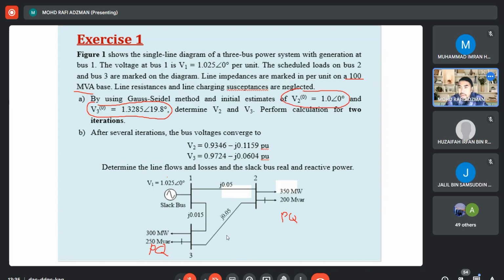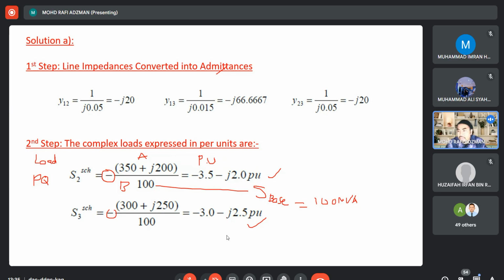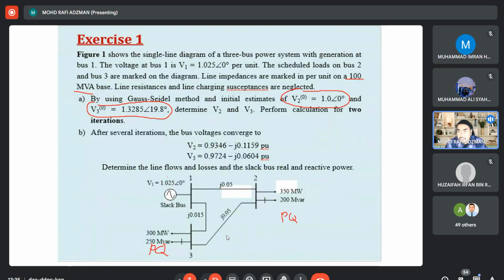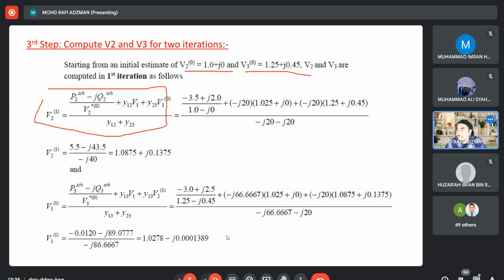All right. If the question didn't give the value, what you need to do? Okay, kalau dalam soalan you tidak diberikan ini, you tidak beri V2 0 and V3 0 tidak diberi. It just says find the solution using Gauss-Seidel method, determine V2 and V3. So apa kita nak buat kalau dalam soalan tak diberi nilai initial value? Nilai apa kita nak letak? Nilai apa kita nak guna?